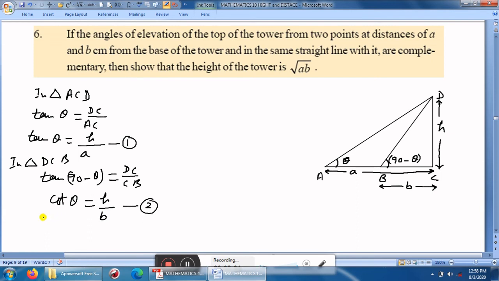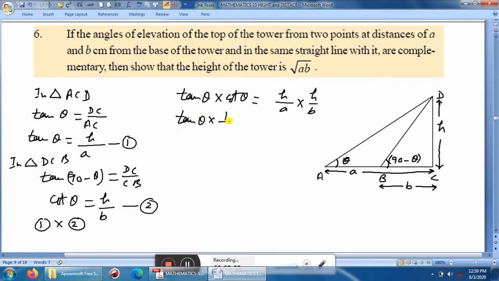Now multiply the first and second equation. These two equations are multiplying to each other. So we get here tan theta into cot theta, and here is H upon A into H upon B. So tan theta, as you know, cot theta is 1 upon tan theta.